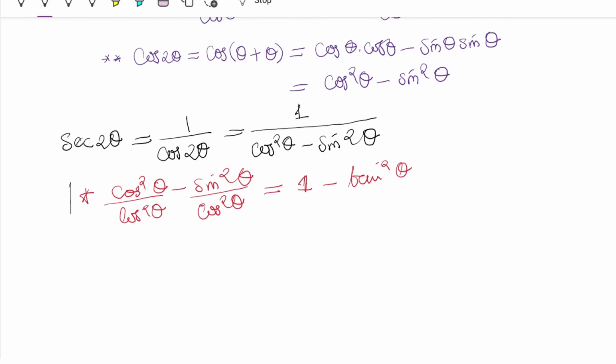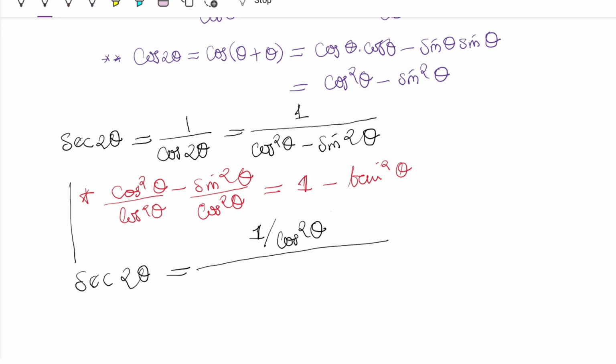Now what do we have? Here I will write sec 2 theta is equal to, in the numerator 1, dividing throughout by cos squared theta, then divided by what is in the denominator, cos squared theta minus sine squared theta.